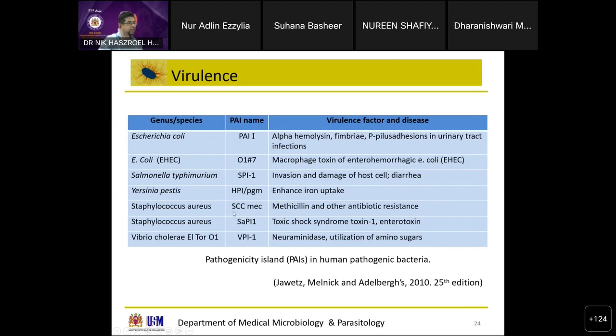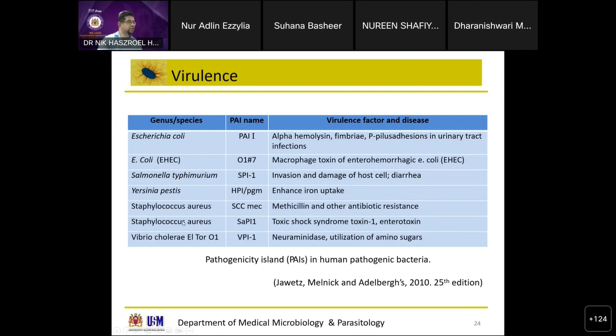Staphylococcus aureus has SCCmec, which confers methicillin and other antibiotic resistance. The MRSA, Staphylococcus aureus which has this SCCmec, is resistant to methicillin. And Staphylococcus aureus that has SaPI1 produces toxic shock syndrome toxin 1, an enterotoxin.